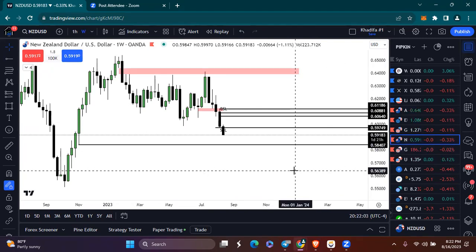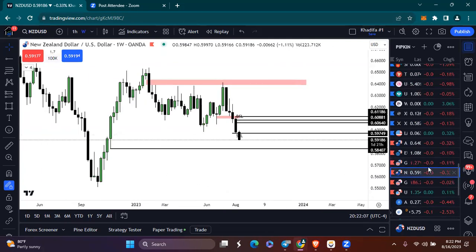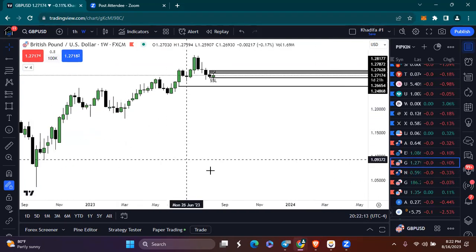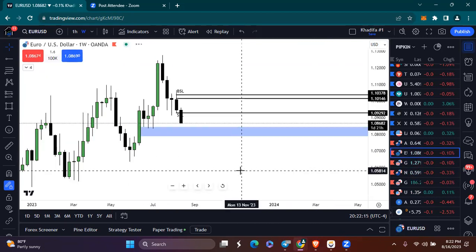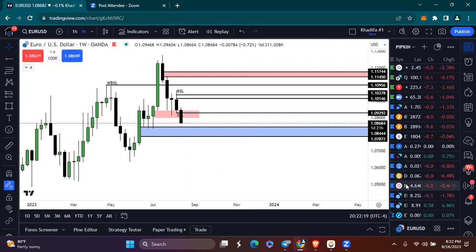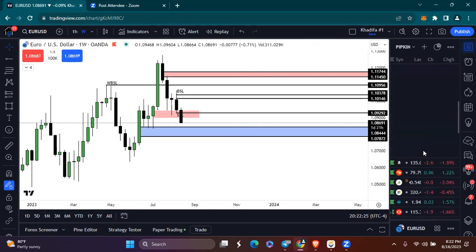I'm thinking we're gonna get some breaking news tomorrow because it looks like something's about to snap. I just feel like that. So yeah, I want to see NZD keep falling to run that sell side liquidity.